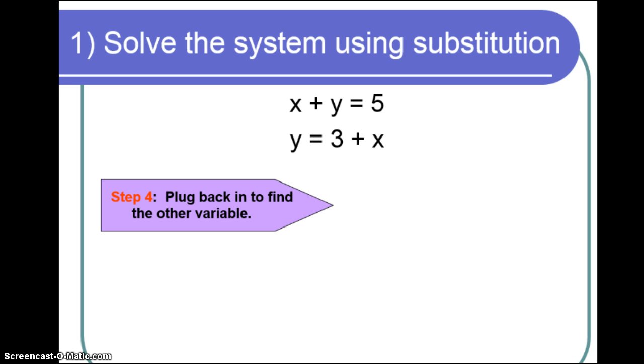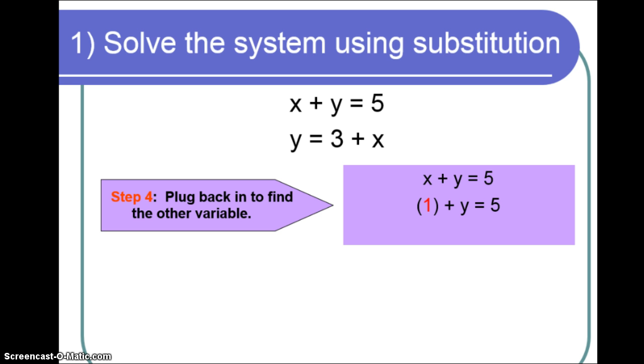As of right here, we are not completely done. We need an ordered pair to be the solution. So what we want to do is plug that value back in to find the other variable. As discussed, it is not necessary that we plug it into one equation or the other. We can choose whichever one we want, but ultimately it is easier to plug it into the equation that we had already solved for.